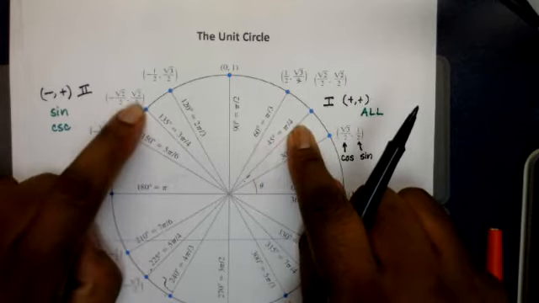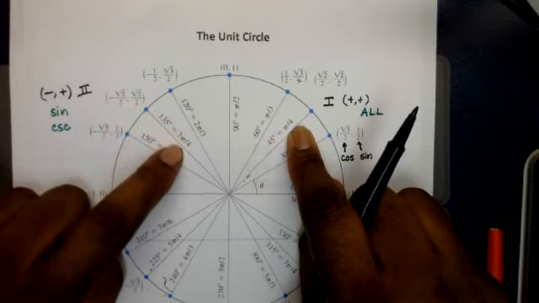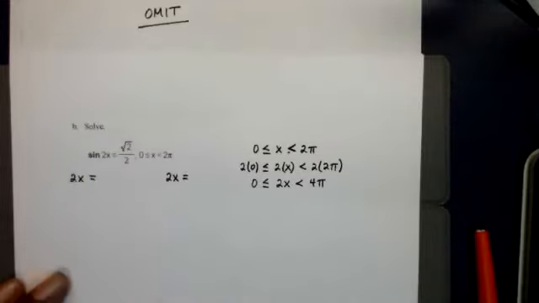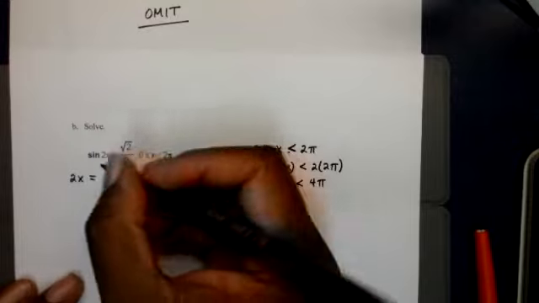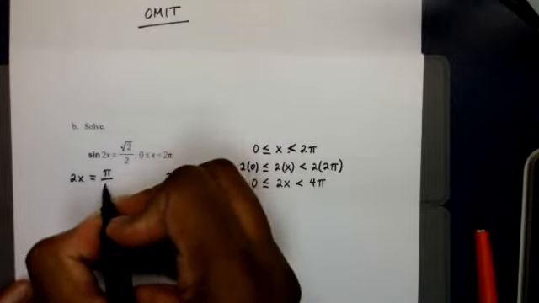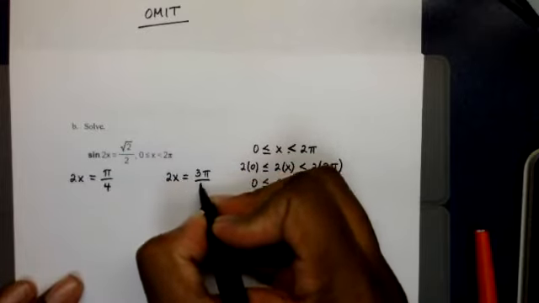It also happens here at this angle measurement, 3 pi/4. So I got 2 values of 2x where the sine of 2x will be the square root of 2 over 2. One would be at pi/4, the other one would be at 3 pi/4.